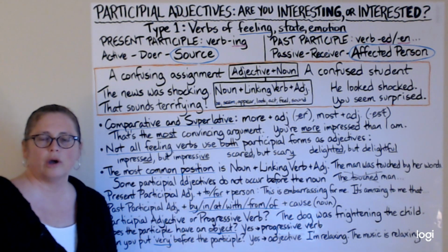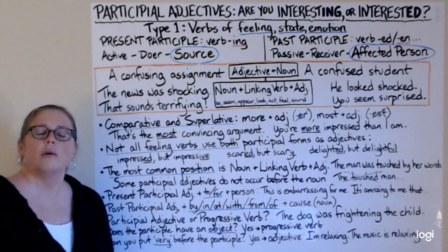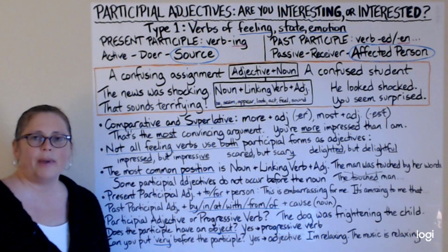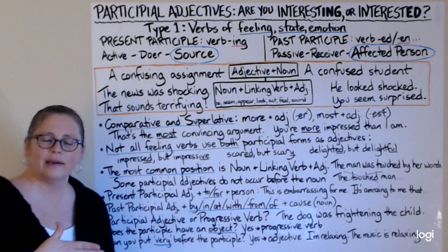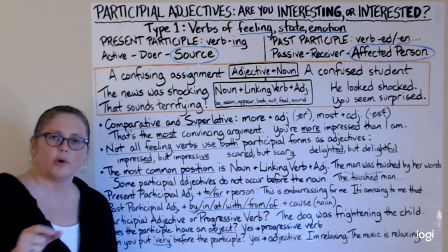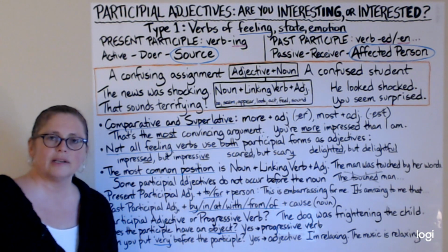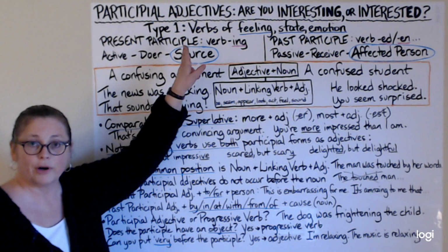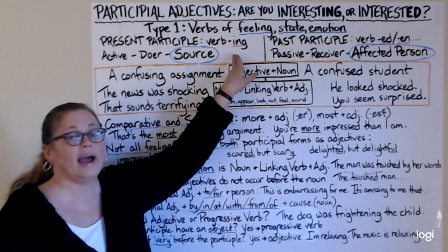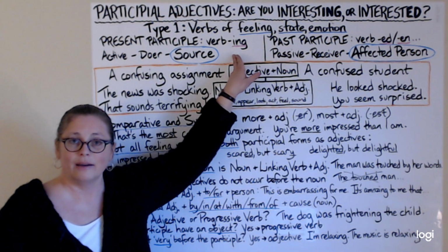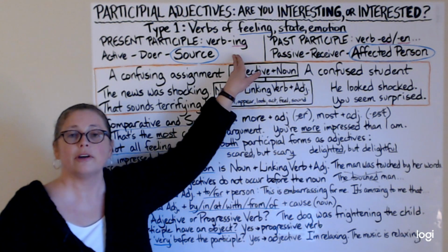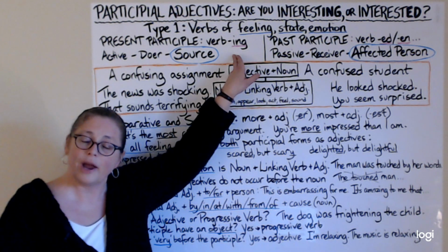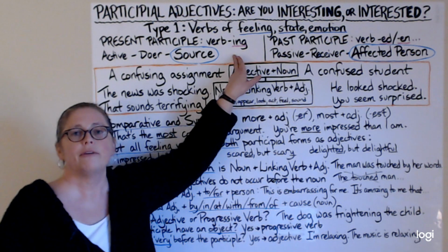Break, broke, broken. Broken is a past participle of the verb break. So when you learn forms of a verb, you learn these different participles. Now, the present participle of a verb has the ing ending. Interesting, frustrating. Interest is a verb.